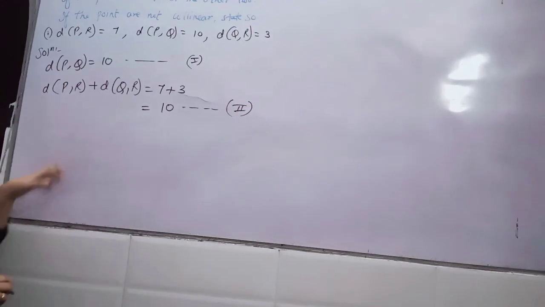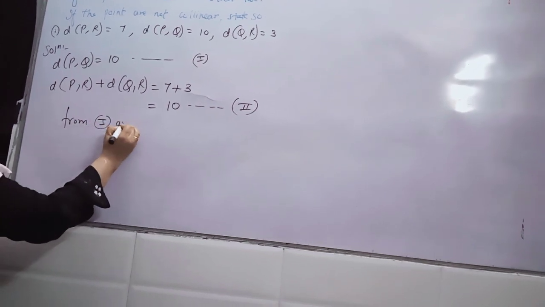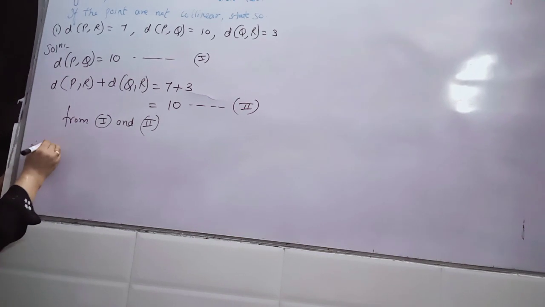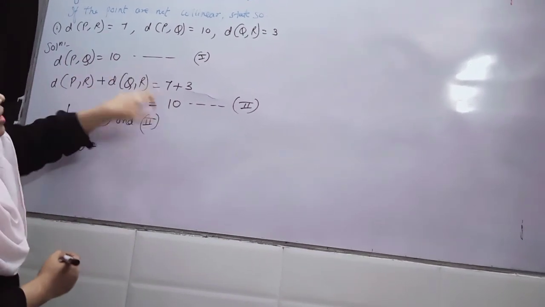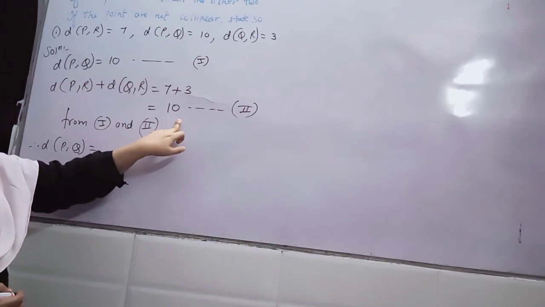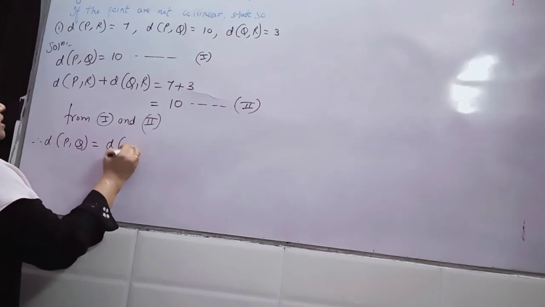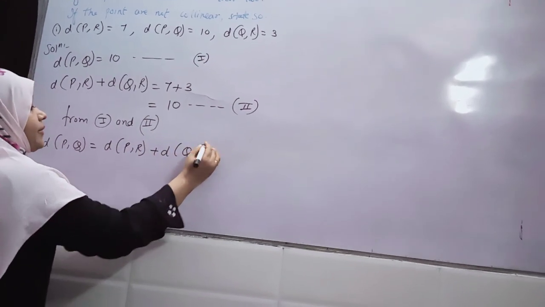Understood? Now write from equation number 1 and 2. See, we got both of these distances equal now. So distance of PQ equals distance of PR plus distance of QR.